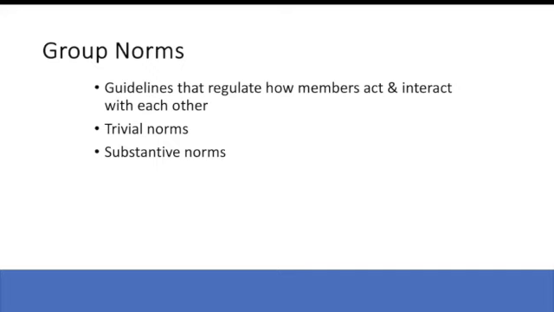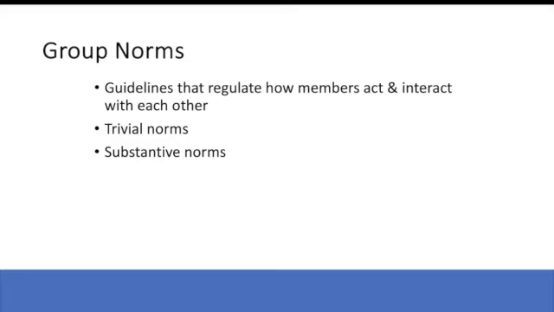Now we're going to talk a little bit about group norms. There's a couple of different categories of norms in groups that we're going to talk about here. Norms are the ways in which people interact, and they are present in all groups, but there's two types, right?